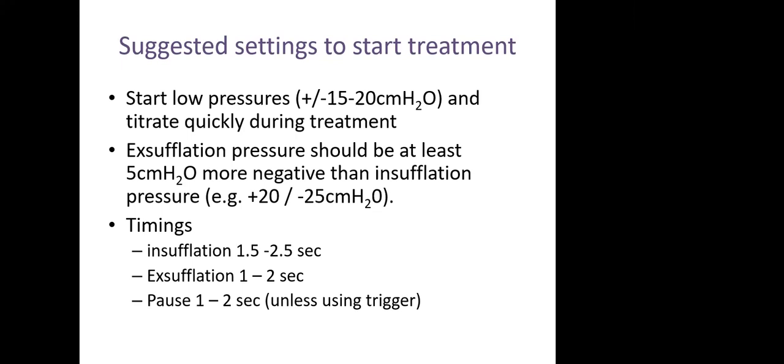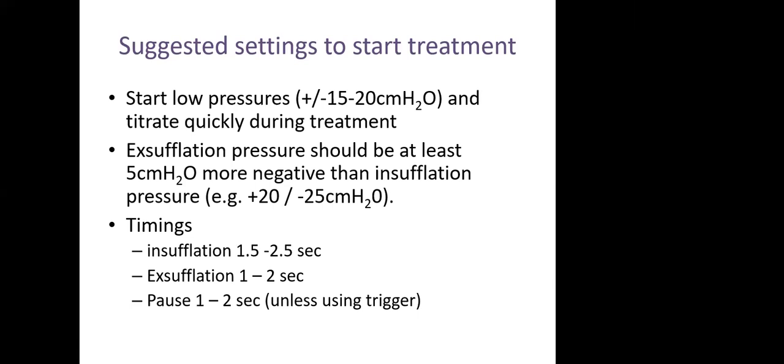And then aiming to have a more negative exsufflation pressure, so it should be at least 5 centimetres of water more negative than the insufflation pressure. As an example, if you've got a setting of +20 and then -25 — I cannot get my head around negative numbers, so I had to put that example in. In terms of timings, these are the suggested timings there.